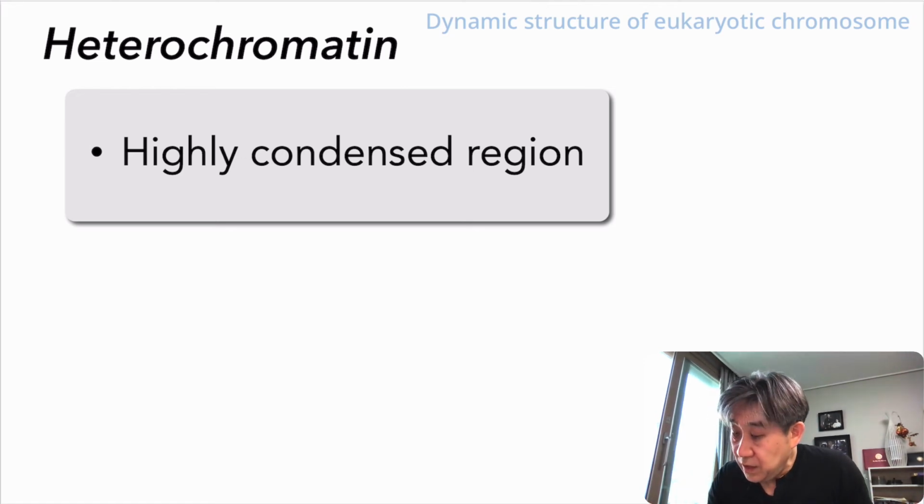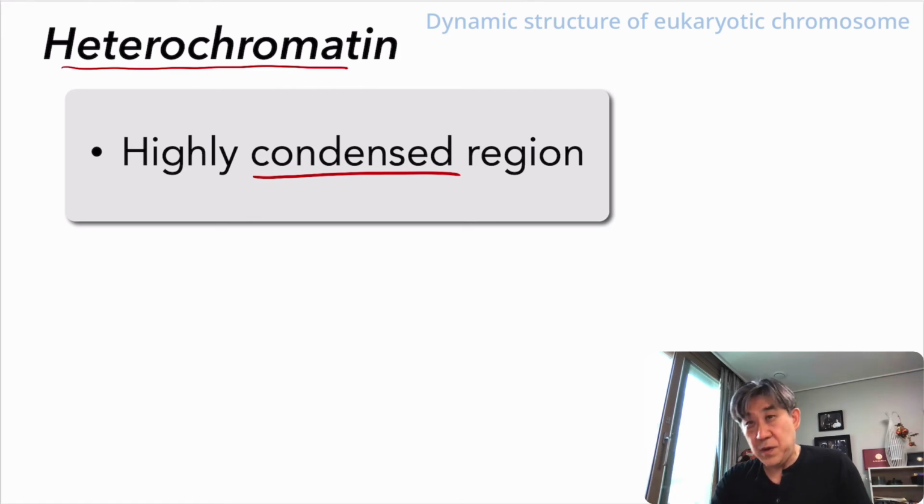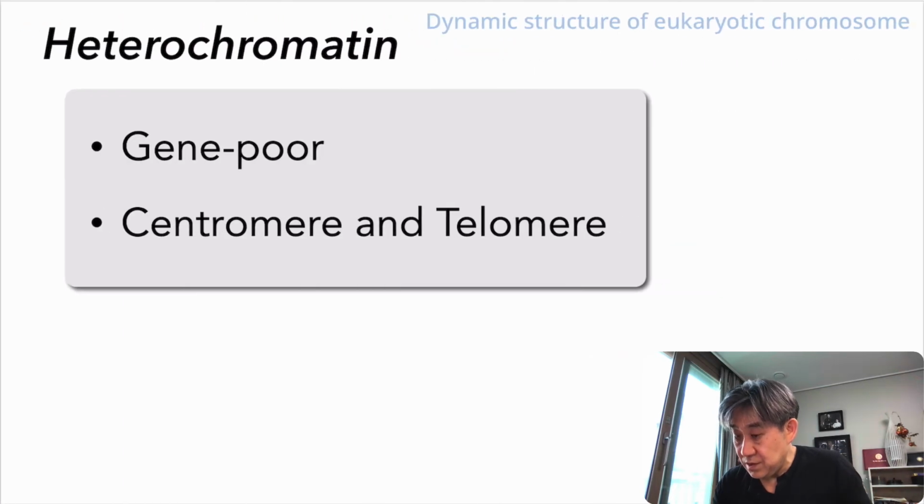One is heterochromatin, which is relatively speaking more condensed. Of course, it cannot be compared with that of the chromosome. Chromosome is the most highly condensed form, but heterochromatin is also very tightly condensed in its structure.